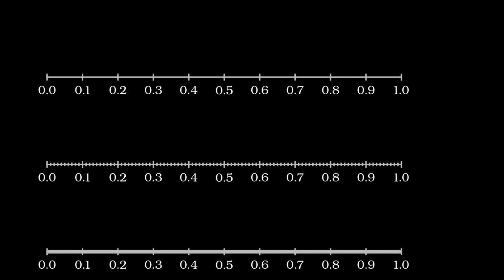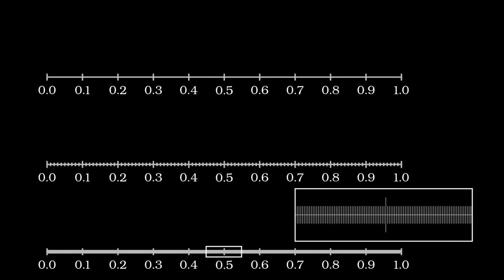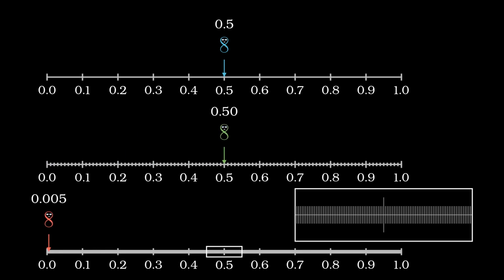Here we have 3 identical number lines divided into line segments of equal length. The third number line also contains segments, but they are too close to each other to be visible. But if we zoom in, we can clearly notice the small gaps in between. As we scan the number line, the number that appears after the decimal point is exactly the number of the segments covered at that time in each line.